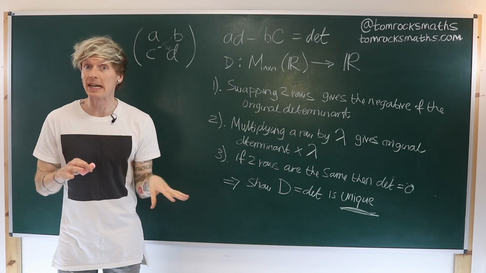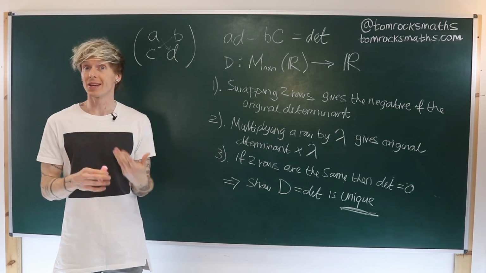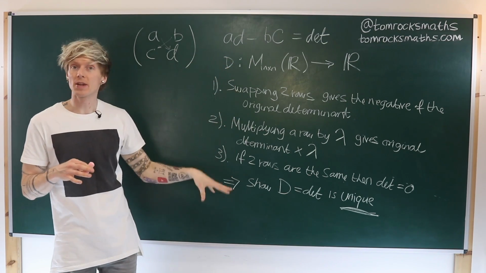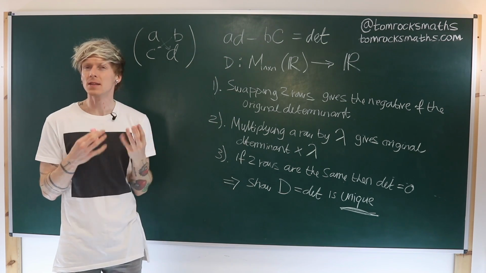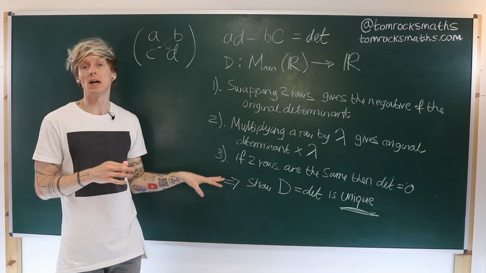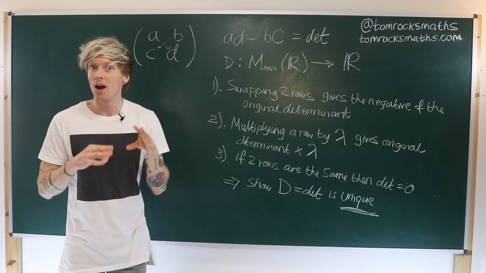Now just as an aside, some of you, if you've watched the earlier videos in the series, may be looking at these three properties and thinking that they look quite familiar. And you'd be right, they're very similar to elementary row operations.